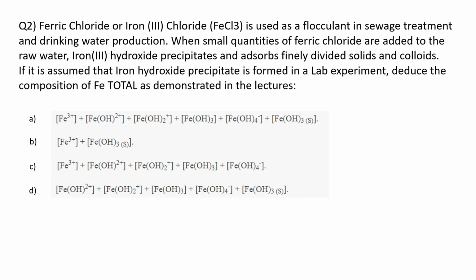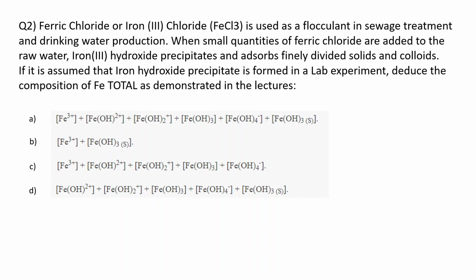Because in a real scenario there will be not only ferric hydroxide but different types of hydroxides formed. So a lab experiment is explicitly mentioned so that you know only ferric hydroxide will be formed, other than simple suspended iron ions.